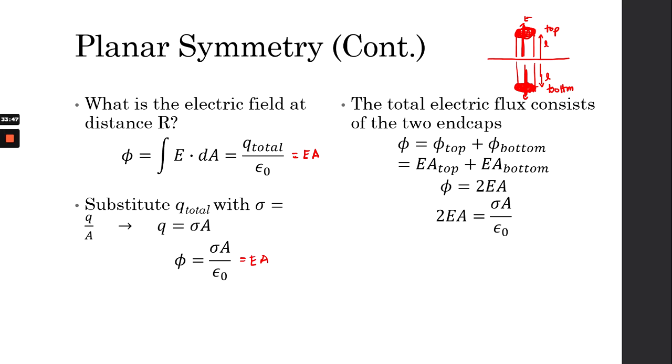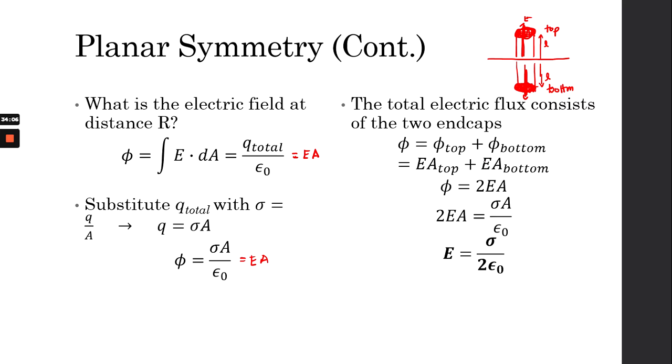So if I am going to measure the electric field, I'll just have to divide both sides by 2 area. The area gets cancelled and you are left with this equation right here.